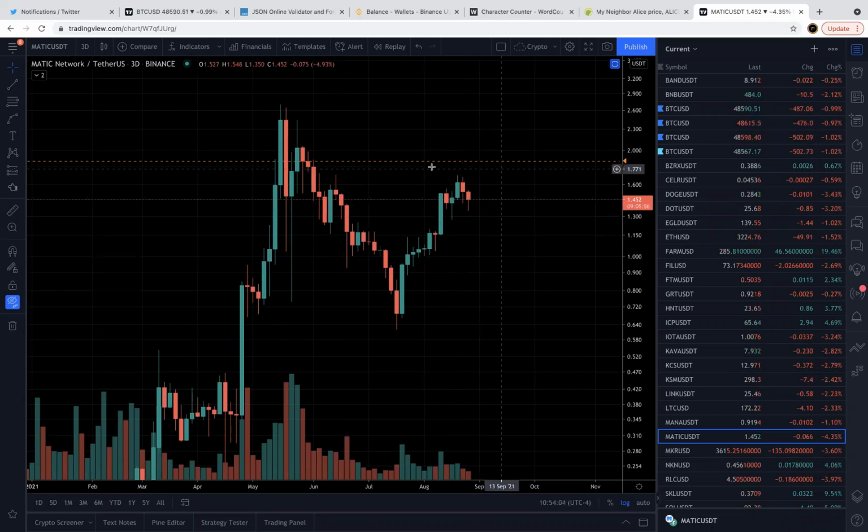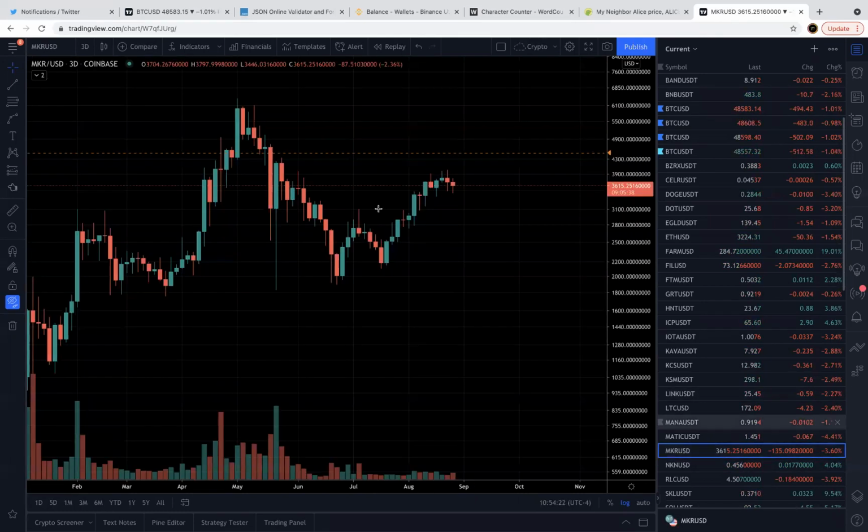This whole entire zone is full of resistance, so it's going to be tough, so it might not go fast enough, who knows. But yeah, it's surrounded by resistance. Maker, there's nothing great about Maker so far.